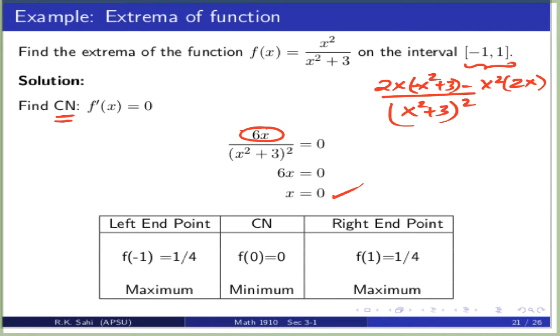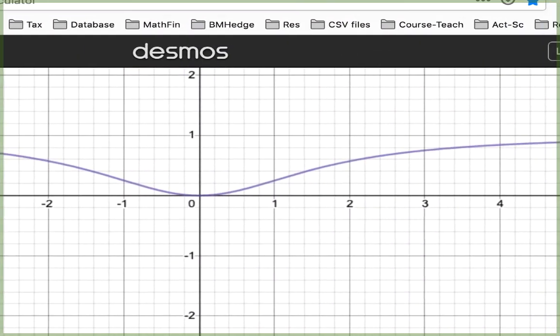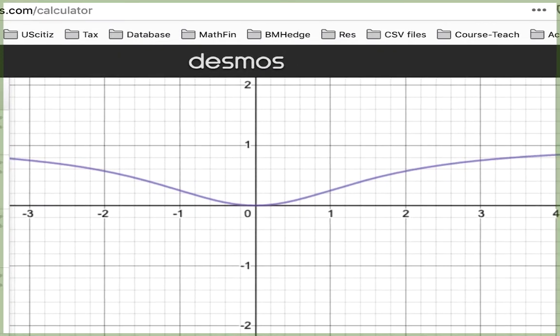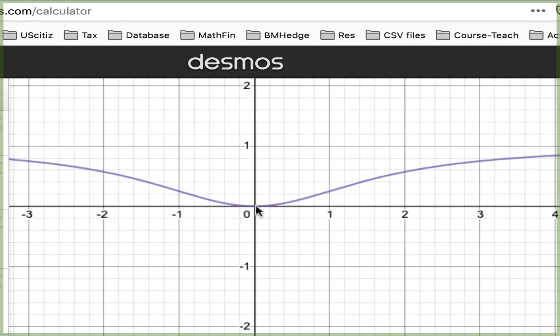Let me show you a graph of this function also. Okay. So here's the graph of this function. Notice that at 0, 0 it is a minimum. And remember, it's a continuous function from minus 1 to 1. It has the maximum at minus 1 and at 1, and both of them are the same values. Okay.